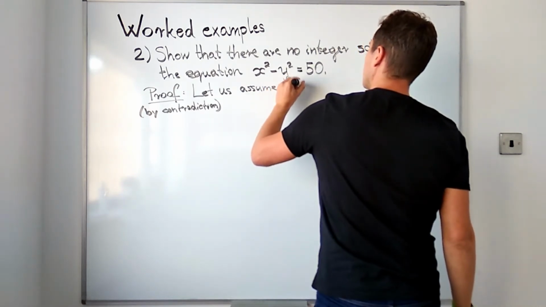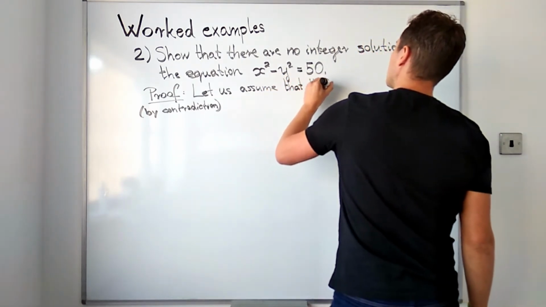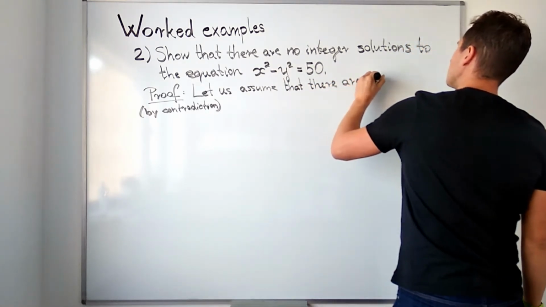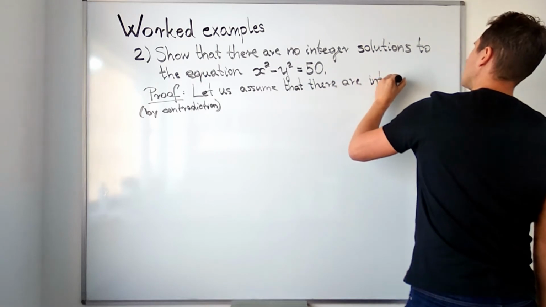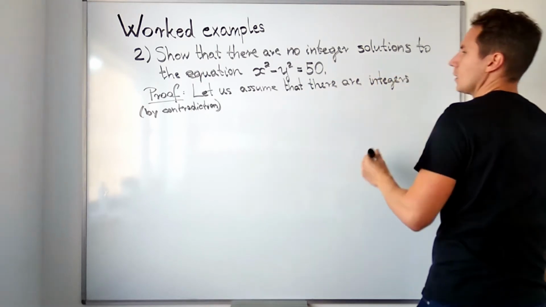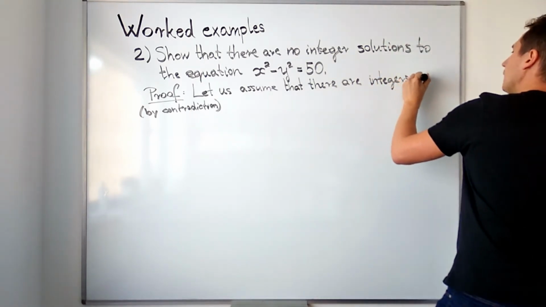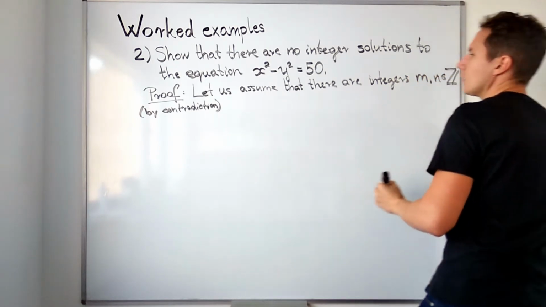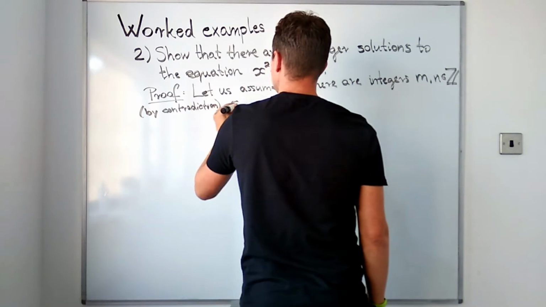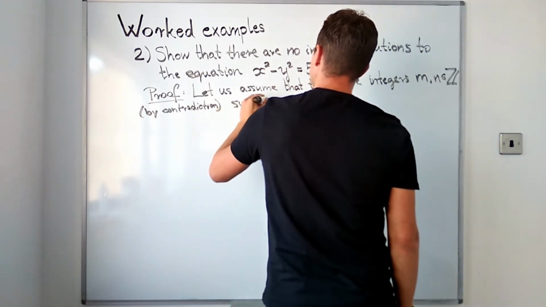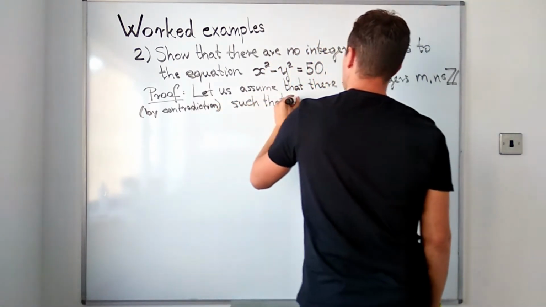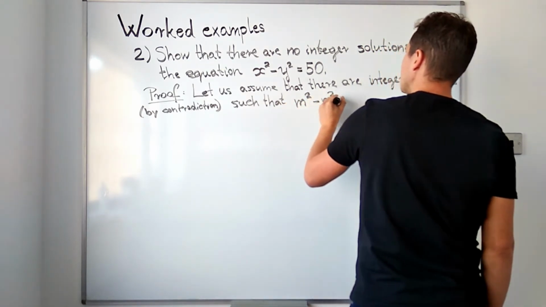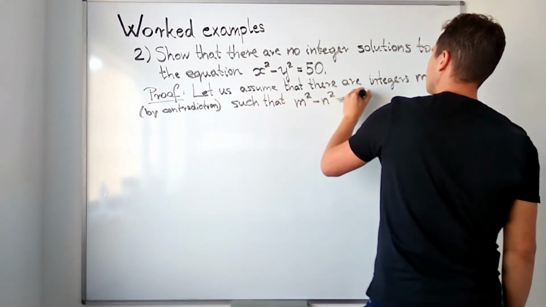That there are integers m and n such that m squared minus n squared gives us 50.